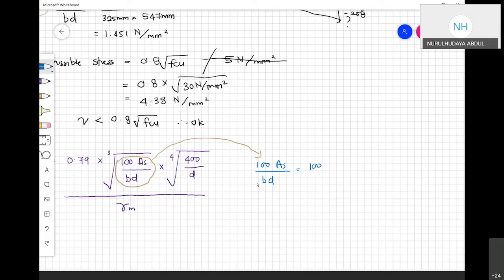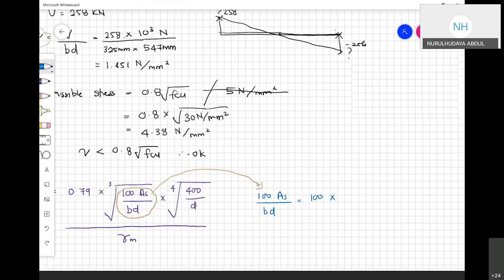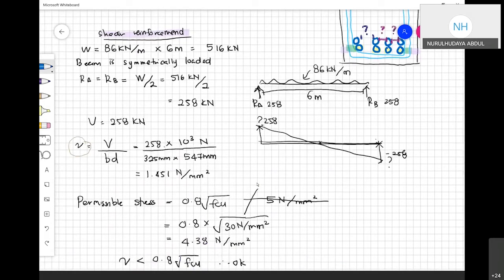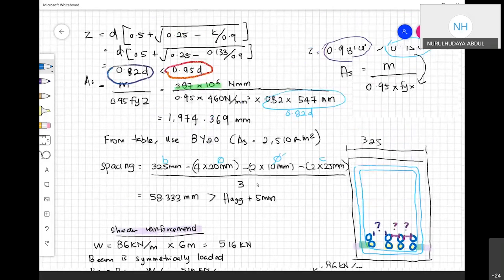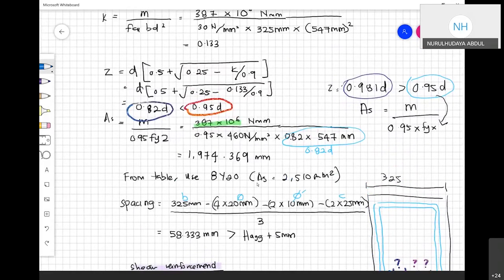100 times, first we need to look at AS. AS is the steel area, so we look back at the calculation that we calculated last week.